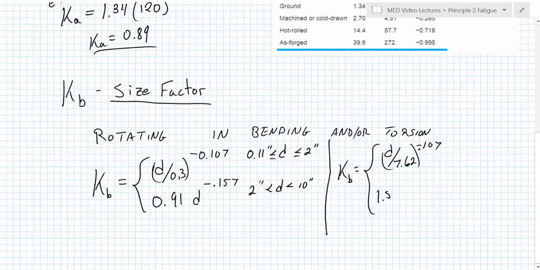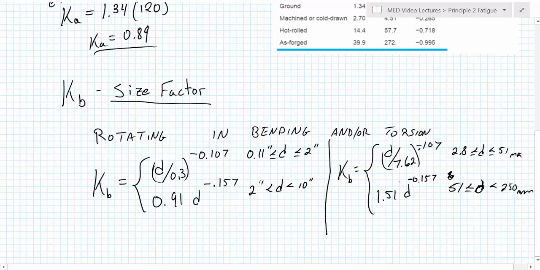Or if we have a larger diameter, we can use this form of the equation, 0.91 times the diameter raised to the negative 0.157. These are basically line fits to experimental data for solid round shafts.